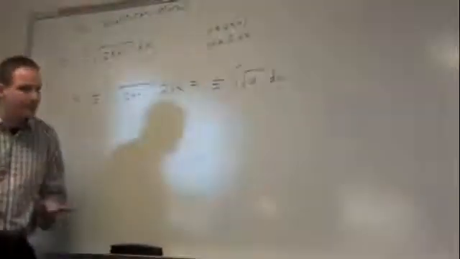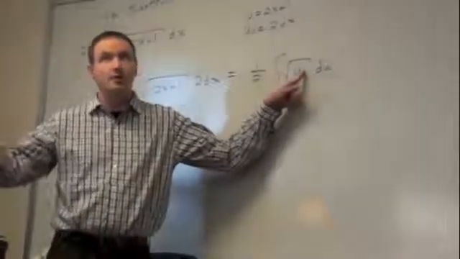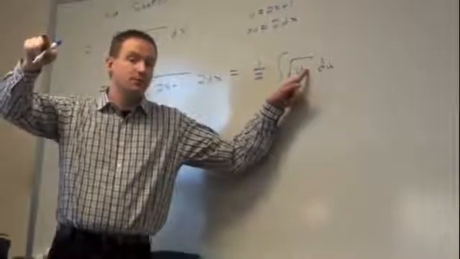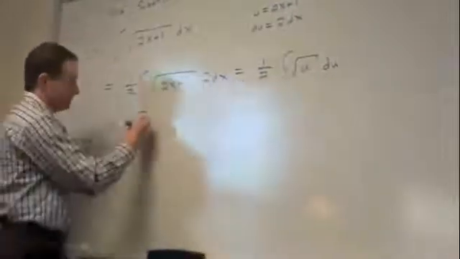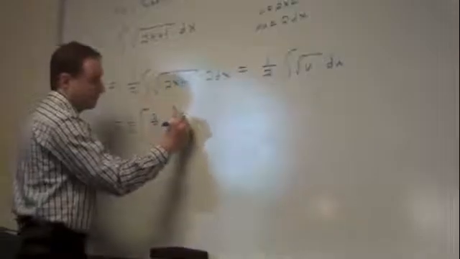You'll notice with a lot of these problems, once you get down to the final step, they're pretty easy to integrate. It's just a matter of setting it up. I'll get 1/2. This is u to the 1/2, so it becomes u to the 3/2 times 2/3, plus c.